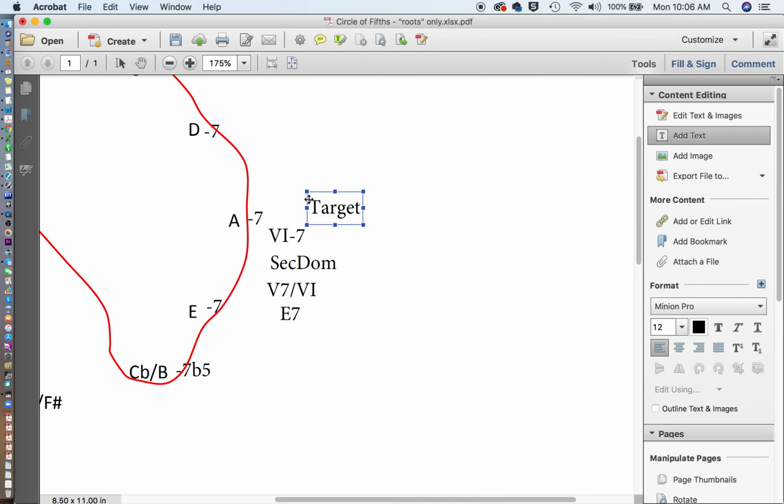So notice the target chord is diatonic, right? It has a diatonic root and the whole chord is diatonic, right? The secondary dominant is not diatonic to the key because instead of E minor 7, we have E dominant 7. So that is non-diatonic, right? It has a non-diatonic pitch, right?